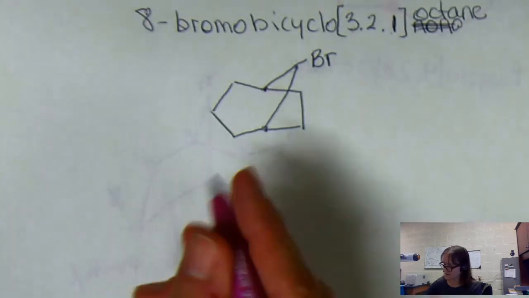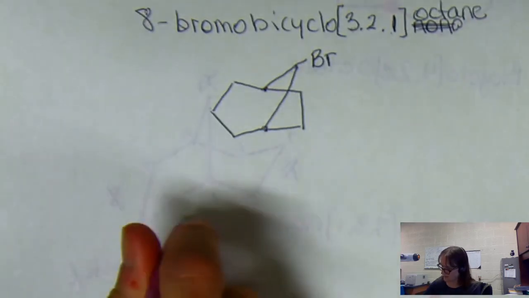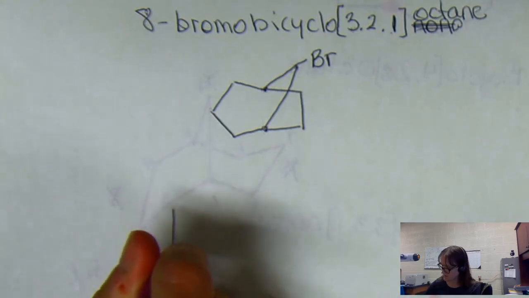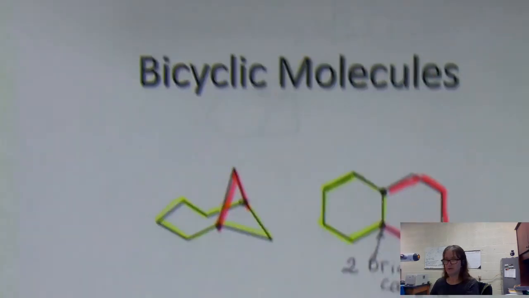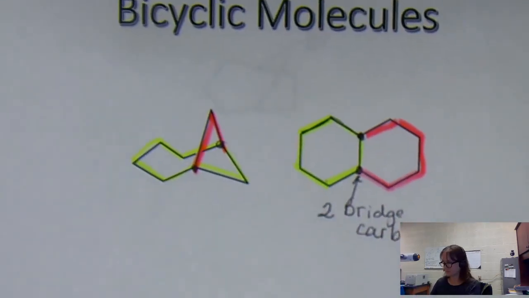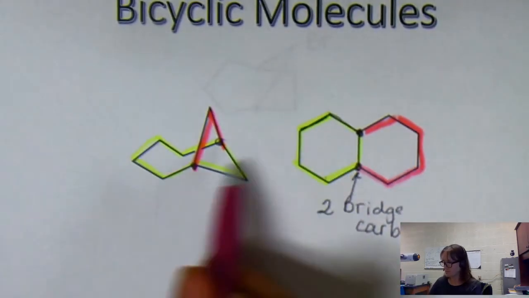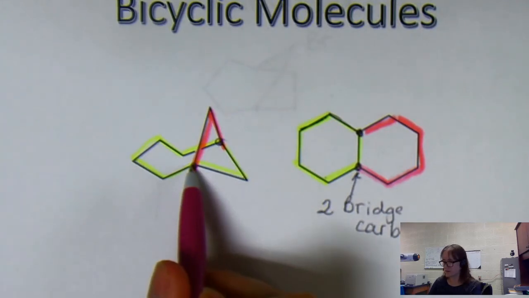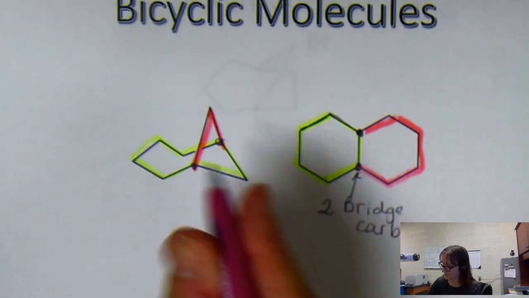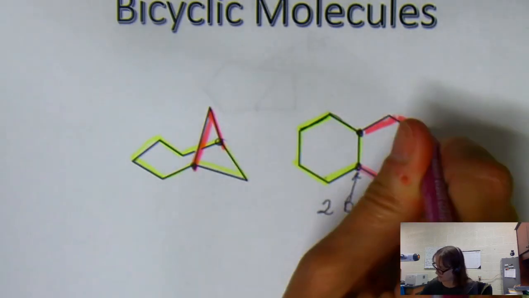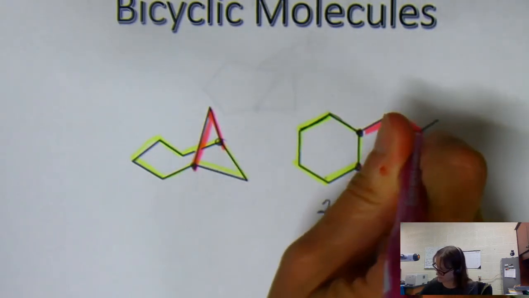So practice. If you go back to these 2, copy these 2 down and see if you can give it a name. And I'm going to put a group right here.